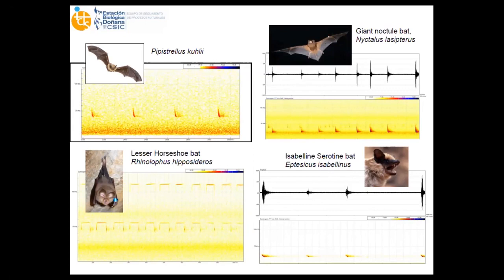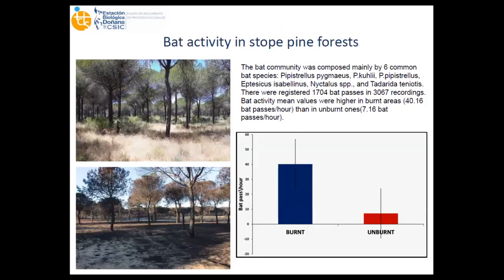So actually, we used the data to estimate the activity in areas that were affected or not by the fire. And it was relatively surprising, because we know that bats often do better in open areas when you have forest clearing, but we found a much higher bat activity in areas that have been burned.